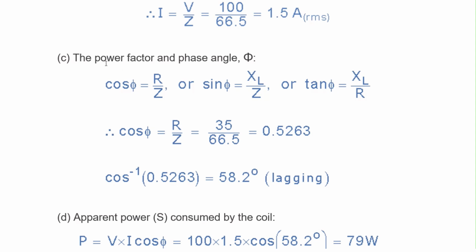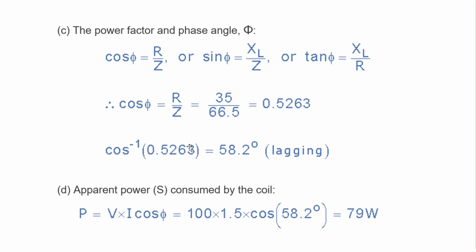Now finding out the power factor and the phase angle. Cos phi is R by Z, sin phi is XL upon Z, tan phi is XL upon R. So let's use cos phi. Cos phi is R by Z, so 35 by 66.5, substituting the values of R and Z, you get 0.5263.